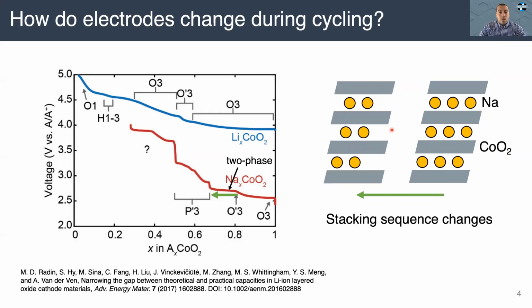And along with this, the sodium ions typically reorder within these layers so as to minimize electrostatic repulsion. And so strongly preferred orderings will appear as larger steps in the voltage profile, as shown here and here. And so these two effects are much more prominent in sodium and potassium ion cathodes and can be quite detrimental to battery performance.